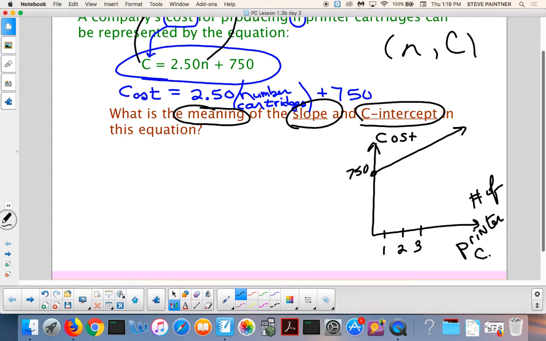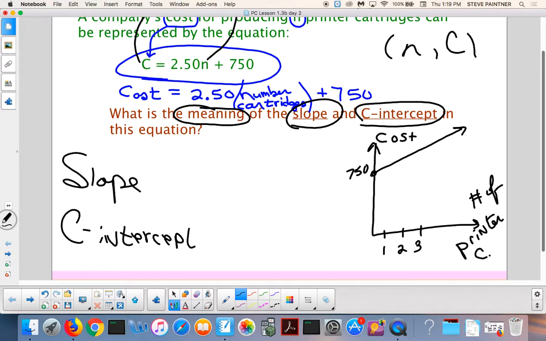Now, here's the question. What's the meaning behind slope? And what's the meaning behind the what? C-intercept. I mean, I think you can pick out the slope. Which one's the slope? 2.5. Okay, what's the meaning? Use your words. What about the cost? Does it go up or down? It goes up? Okay.